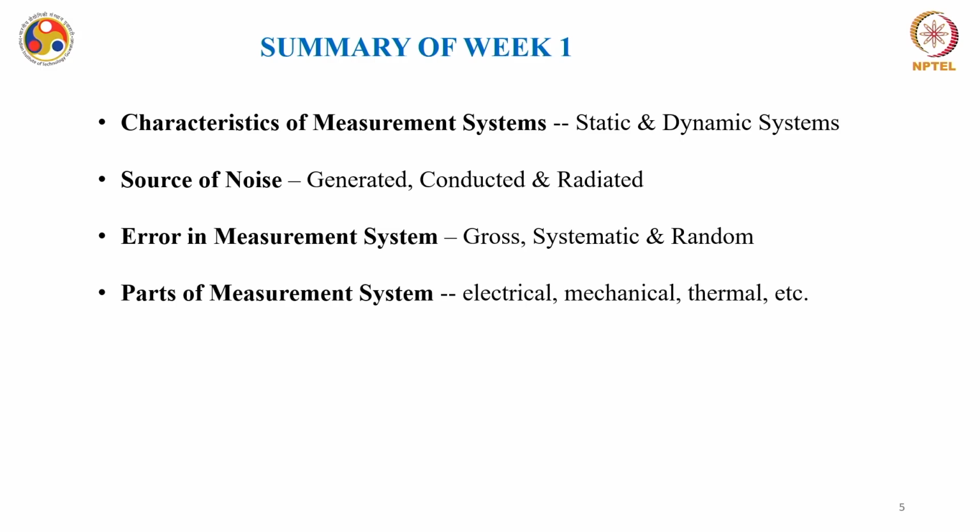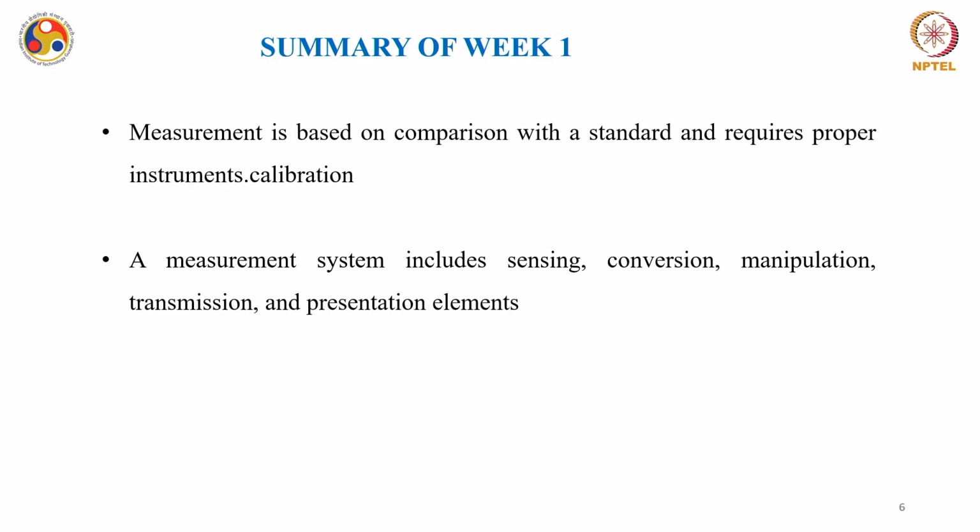Then we talked about different parts of a measurement system, including its electrical, mechanical and thermal parts, because all the analog meters that we saw in our next module constitute electromechanical systems. So it was essential to understand the electrical part as well as the mechanical part. Measurement is based on comparison with a standard and requires proper instruments for that kind of standardization, and we saw that under calibration.